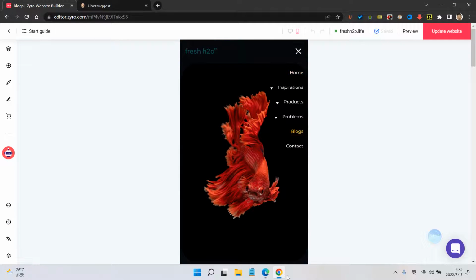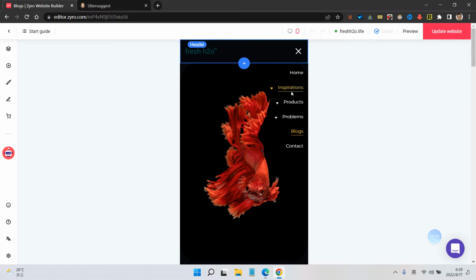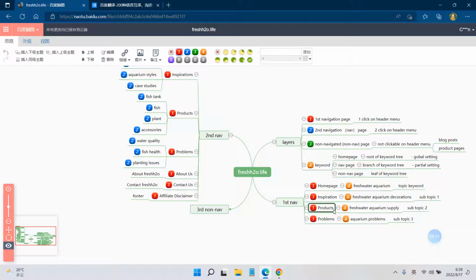This is home, okay, and then the inspiration. This is clickable, and then the product. So these will be their keywords. The homepage keyword will be freshwater aquarium, and the inspiration will be freshwater aquarium decorations.